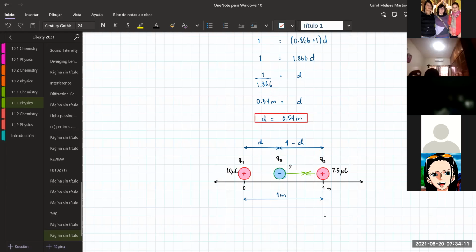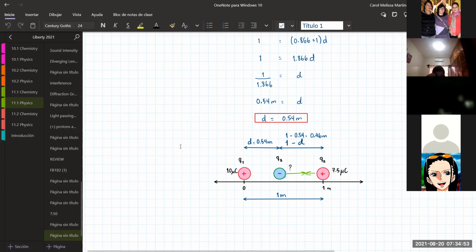Now I know that d is 0.54 meters, and 1 minus d is equal to 1 minus 0.54, so this is equal to 0.46 meters. So that means that my charge is more to the right than to the left.